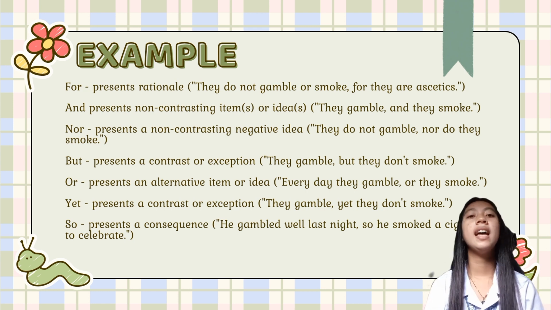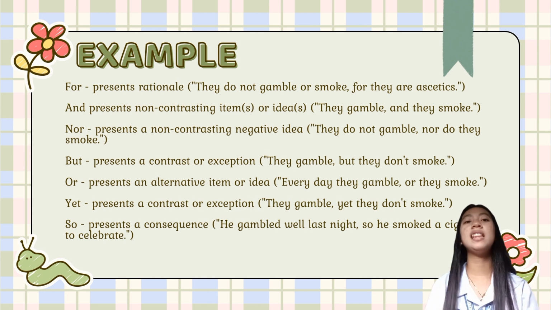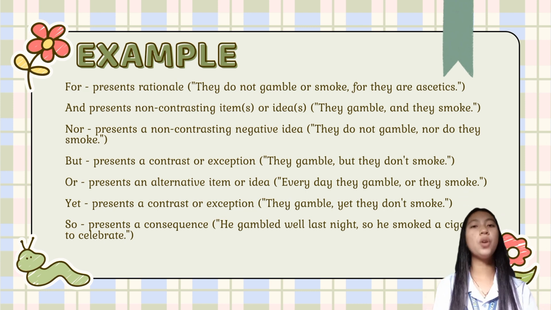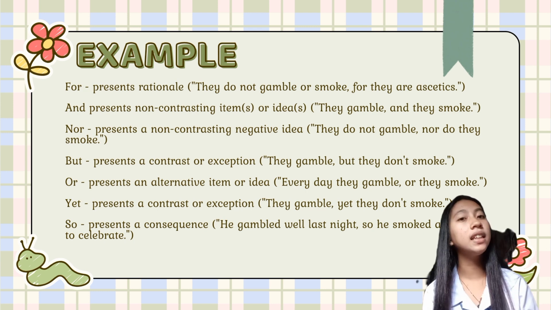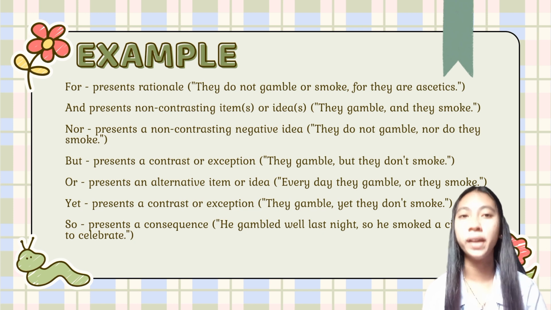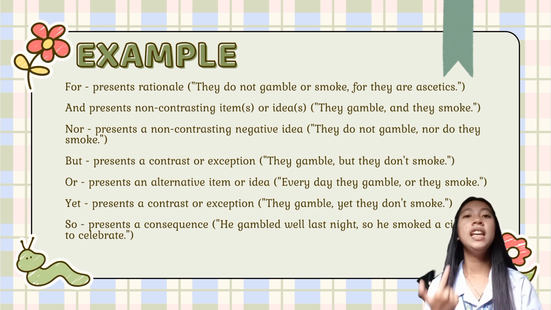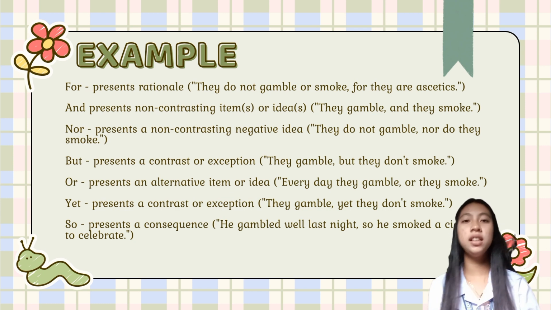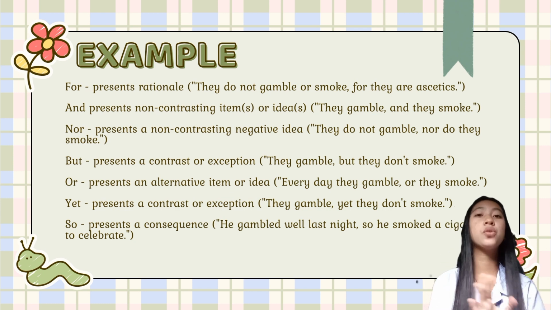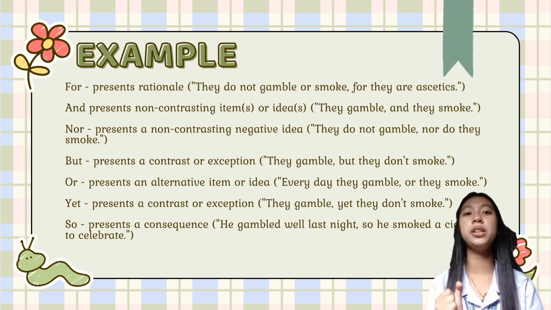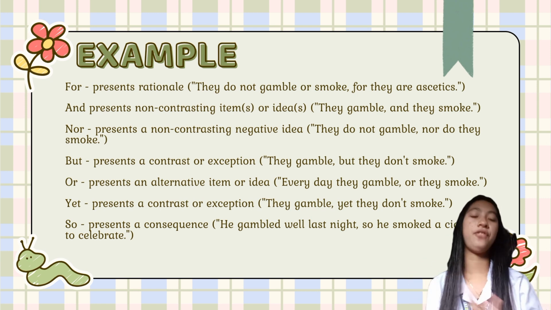In the sentence, they gamble, yet they don't smoke, yet emphasizes the unexpected contrast between gambling and not smoking. So indicates a consequence. In the statement, he gambled well last night, so he smoked a cigarette to celebrate. So connects the successful gambling, or the cause, to the celebration with the cigarette, or the effect.